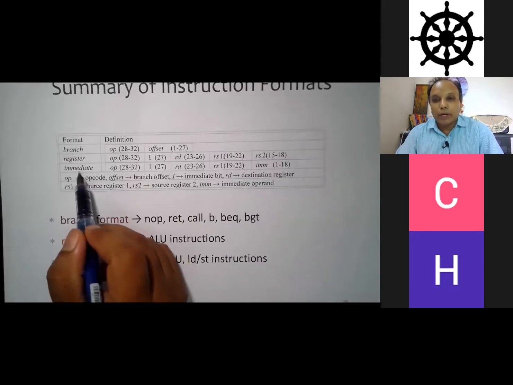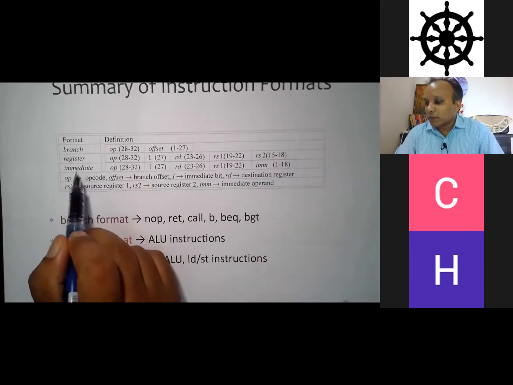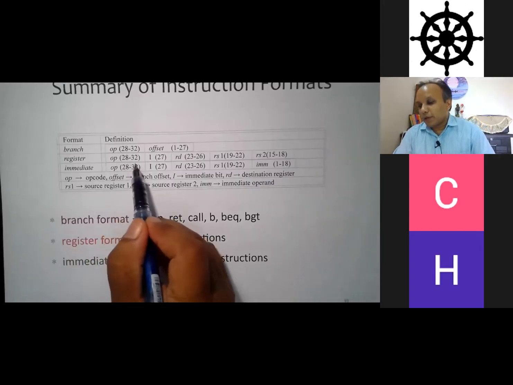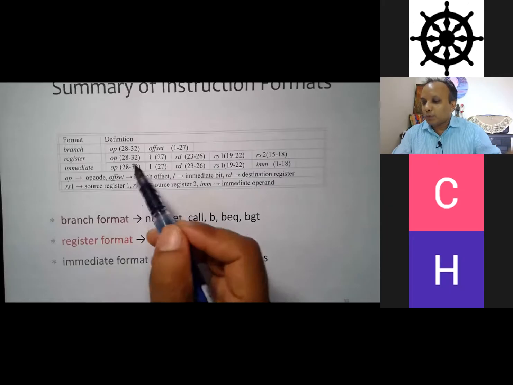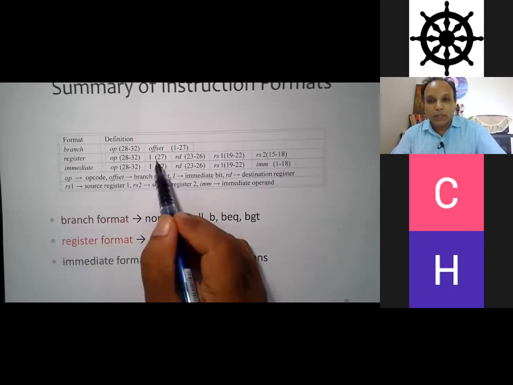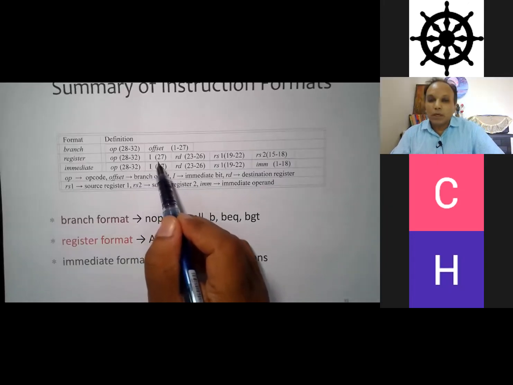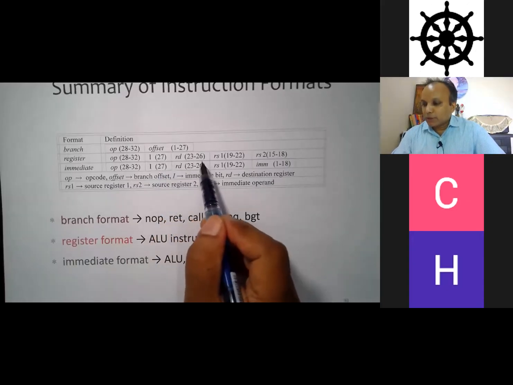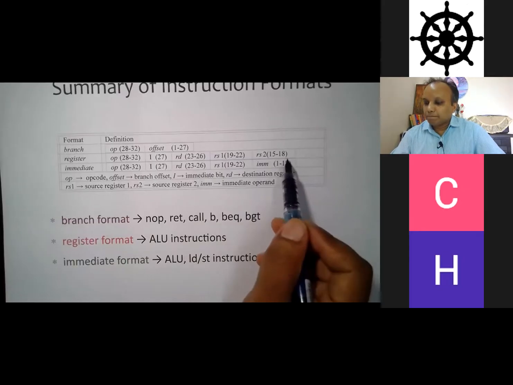In case of instructions where all 3 registers are used, you see that the first 5 bits, 32 to 28, are used for opcode. Then there is a single bit which indicates whether there is an immediate operand or not, then there are the destination register and the two source registers.